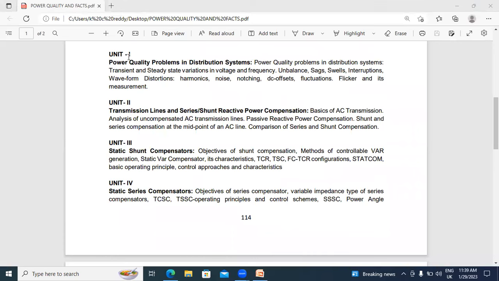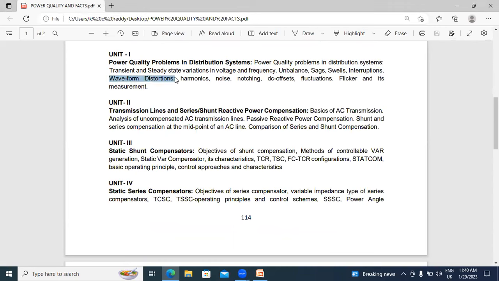In this video I will explain Unit 1, Power Quality Problems in Distribution System. The subtopics are: transient and steady state variations in voltage and frequency; next, unbalance, voltage sags and swells, and interruptions. These 4 definitions are the power quality problems in distribution system.